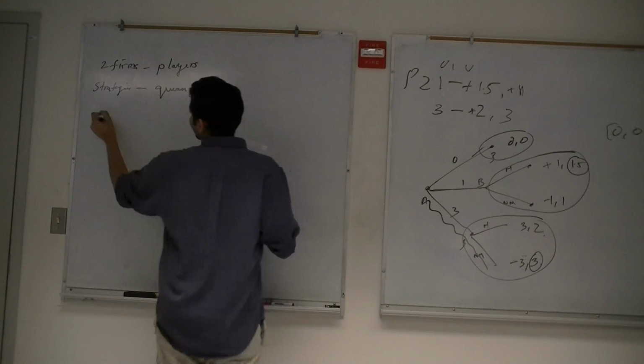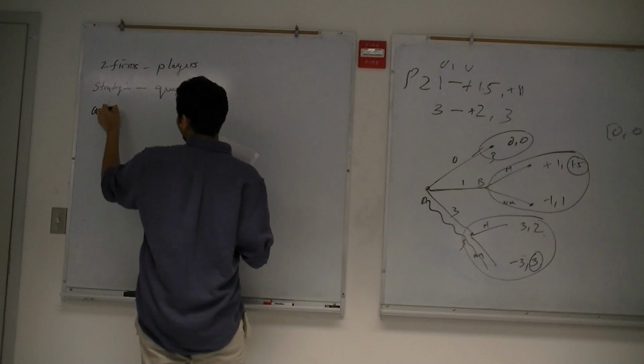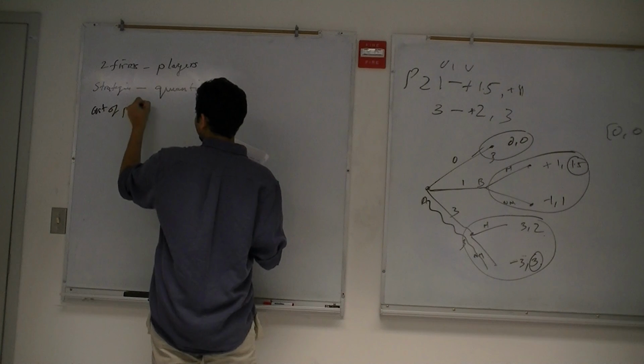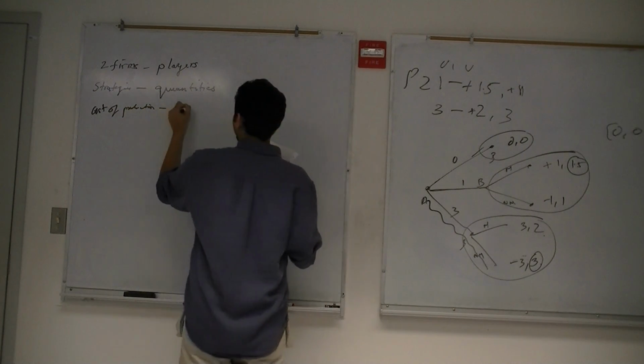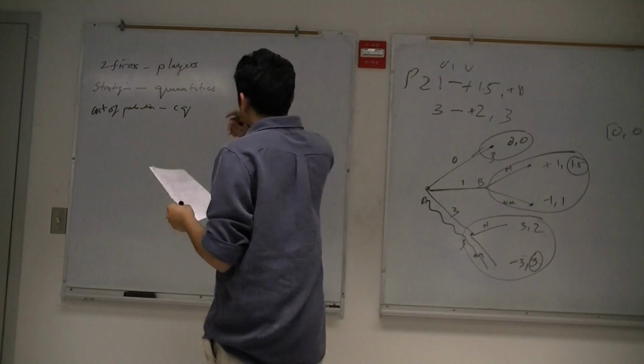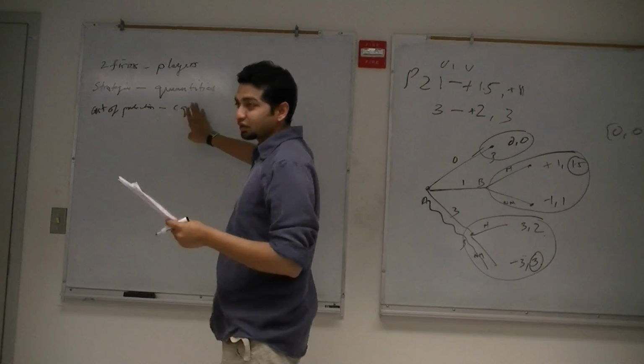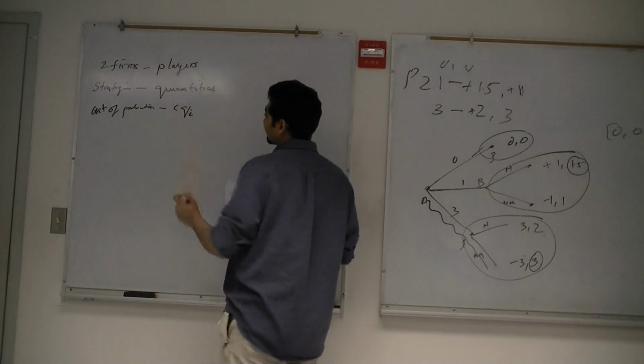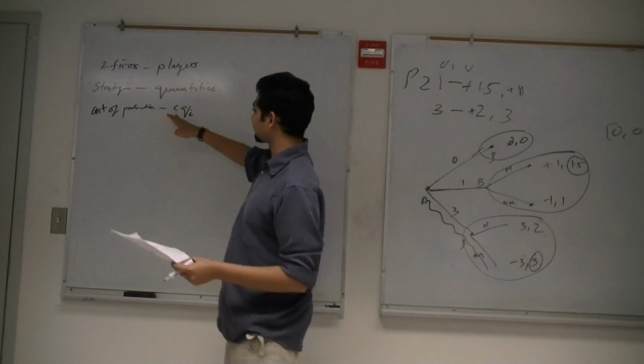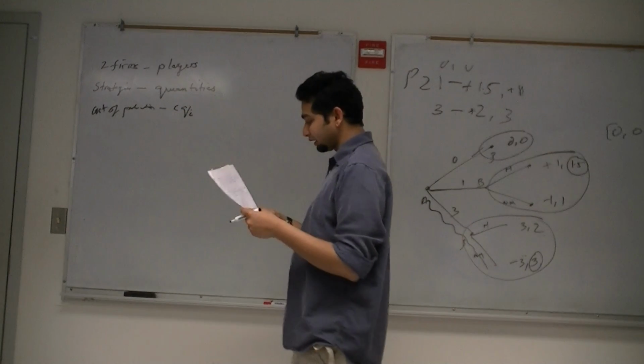The cost of production is cQ, where c is the marginal cost and Q is the quantity produced. So the whole cost of production is the marginal cost times the quantity.